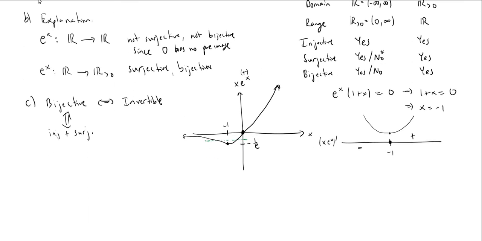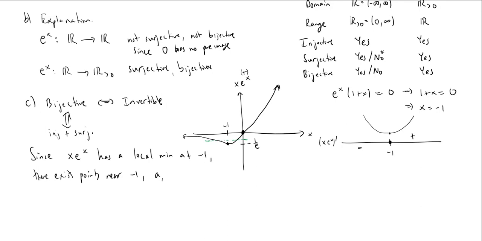So since x e to the x has a local min at -1, we know that there exist points near -1, say, I don't know, how about A and B, such that A e to the A equals B e to the B.